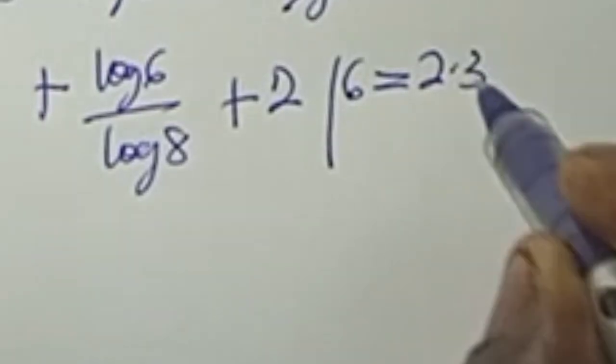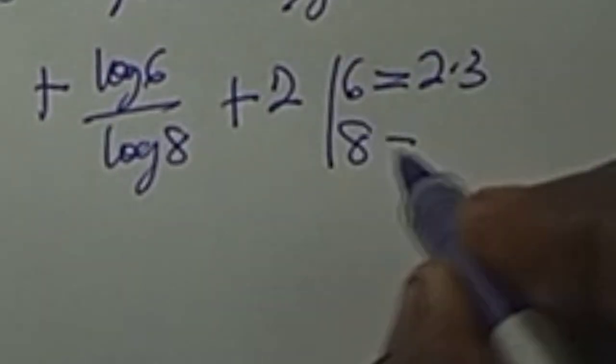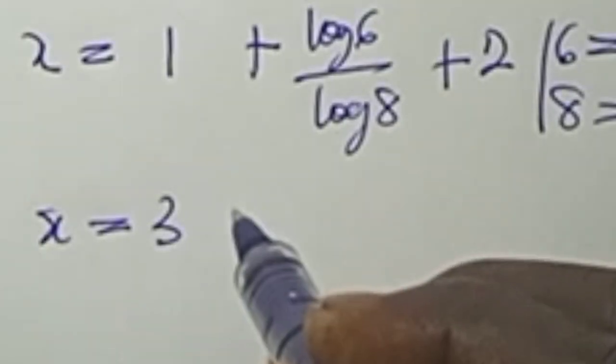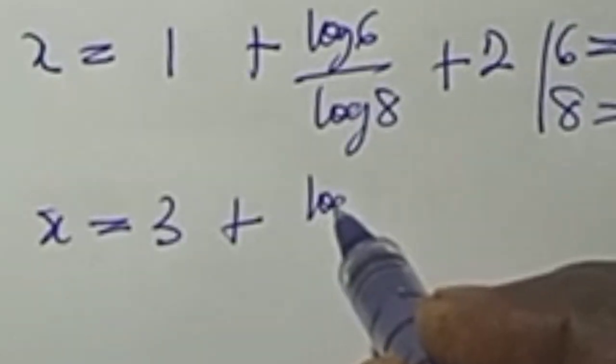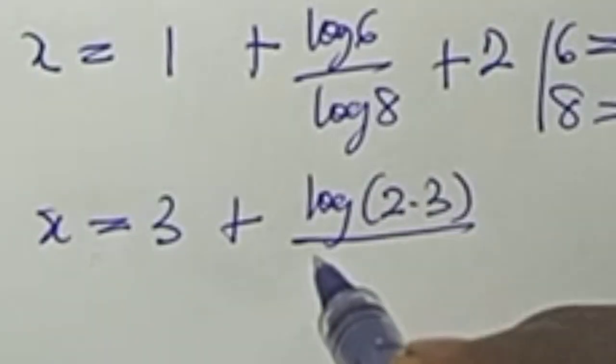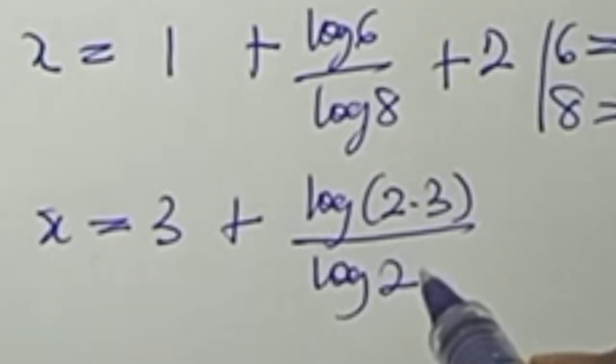But 6 can be written as 2 times 3, and 8 can be written in index form as 2 to the power of 3, so that x can be equal to 1 plus 2, which is 3, plus log of 2 times 3 over log 2 to the power of 3.